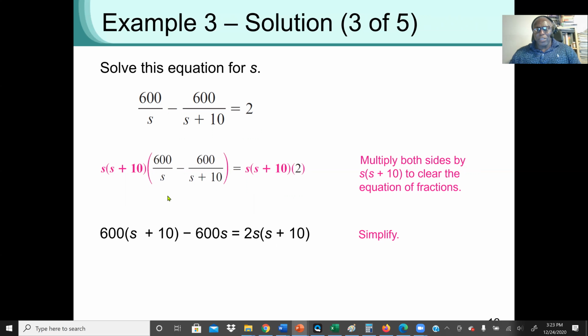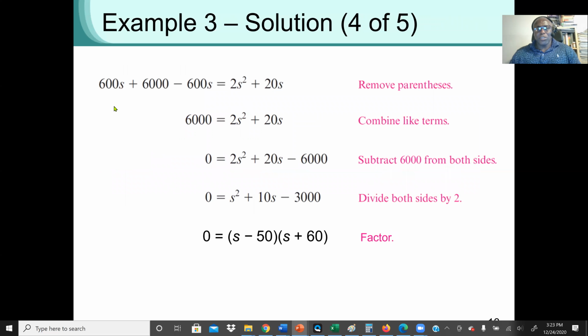Again, when we find the LCM, we solve it. Then 2 will multiply S times S plus 10. Now we can open the parentheses. We get 600S plus 6,000 minus 600S equal to 2S squared plus 20S. So here we get 6,000. 600S minus 600S will cancel each other, and we get 2S squared plus 20S.